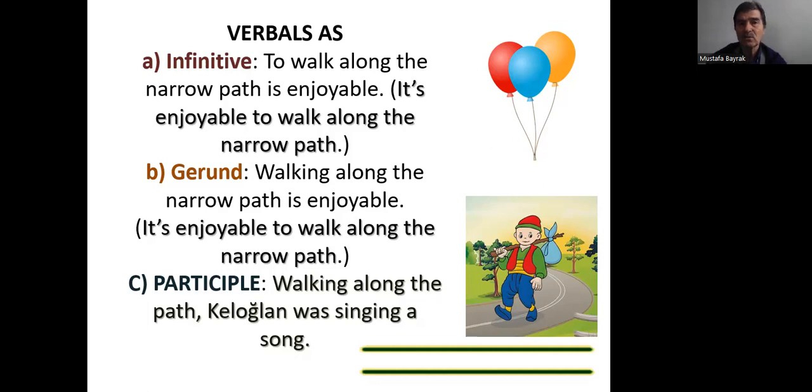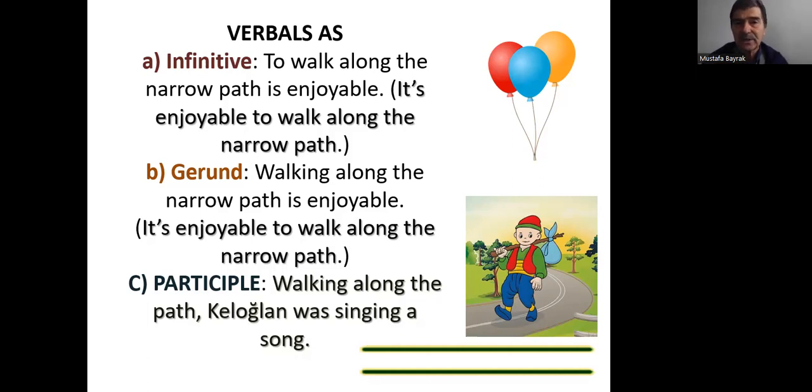Now, to walk and walking are nouns that are derived from a verb, yes. But here we use them as a noun. Walking along the narrow path is enjoyable, but the most common way is this: It's enjoyable to walk along the narrow path.